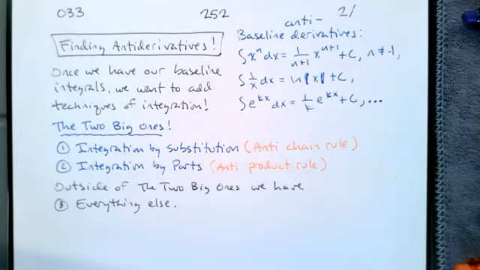It's going to be combinations of things like substitution and parts, and clever ways to make integrals fit into one of those categories. But it's just kind of everything else. A lot of algebraic sleight of hand, some trigonometric sleight of hand, and some, well, more algebraic sleight of hand. It just becomes make things fit into substitution and parts, or make things fit into our baseline antiderivatives that we already know. Any questions before we begin?